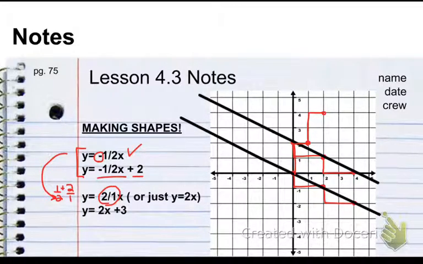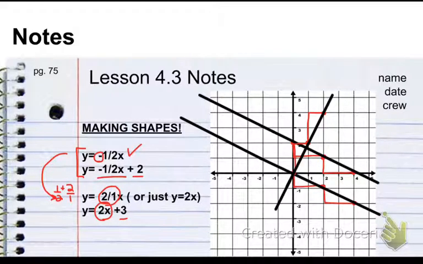Connecting those dots, I have one of my perpendicular sides. But I want to create a line parallel to that one, so I use that same slope of 2x but a different y-intercept, like plus 3 or negative 5.